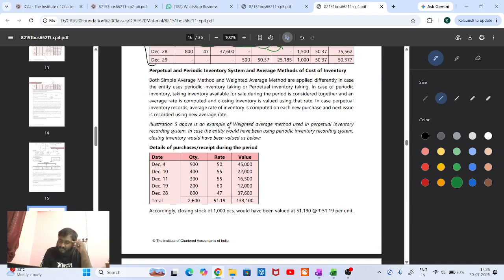Illustration 5 above is an example of the weighted average method used in the perpetual inventory recording system. In that case, the entity would have to use periodic. If the entity uses the periodic inventory system, closing inventory would be valued in this way.